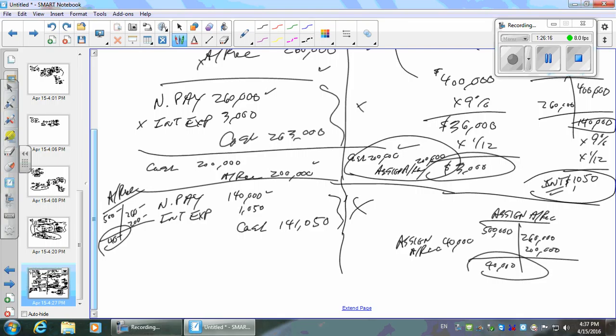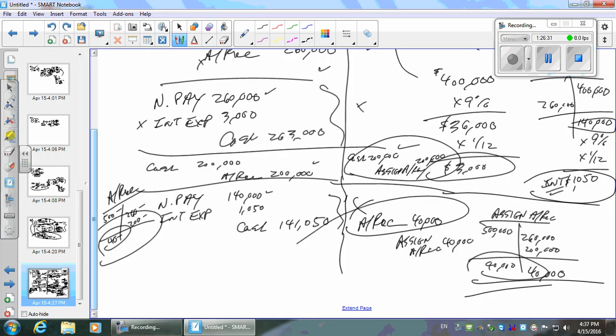See that? That makes it 0. Okay? And what do I debit? Accounts receivable. So those end up back in accounts receivable. And you know what? Both sides give me exactly the same result, whether I do assignment or not. Use the assignment account. Okay? That was fun, huh?